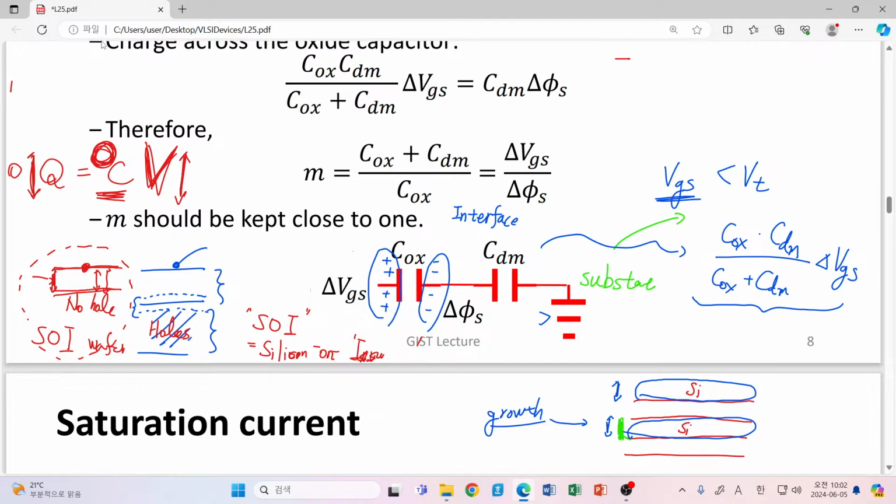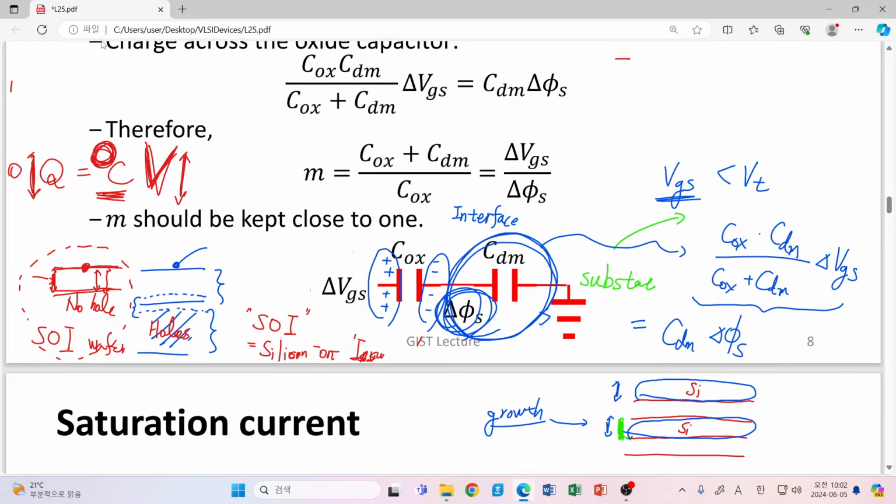This charge should be equal to the charge collected by the second depletion capacitance. I mean that this charge should be equal to CDM multiplied by the surface potential change, delta phi s.